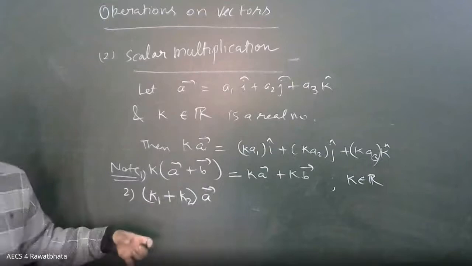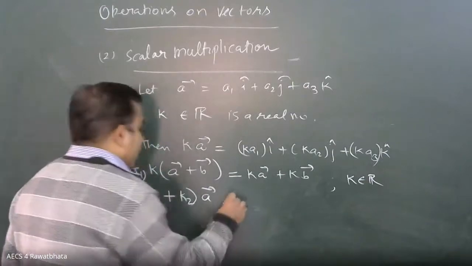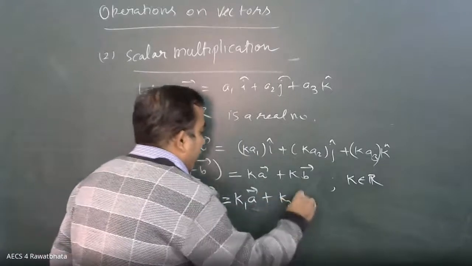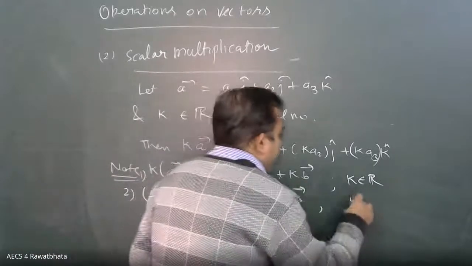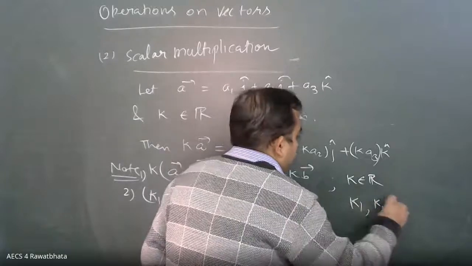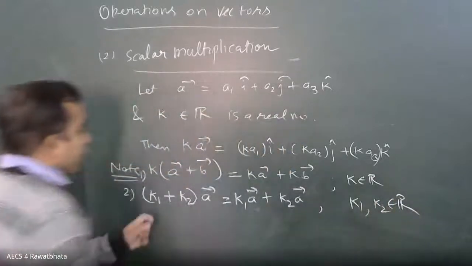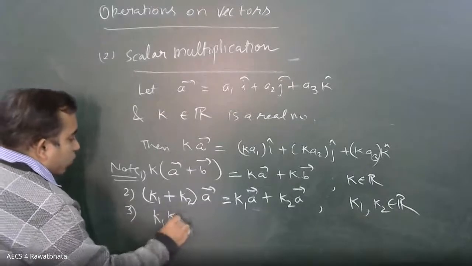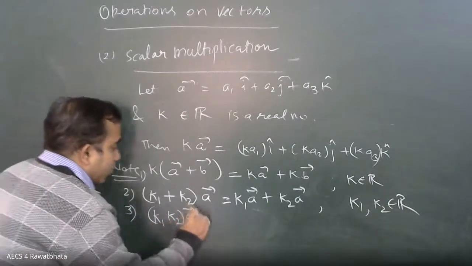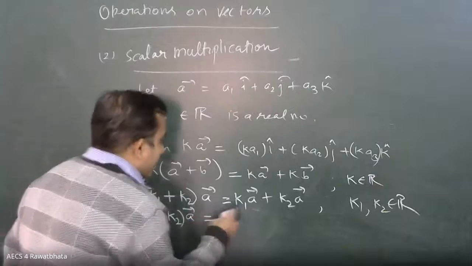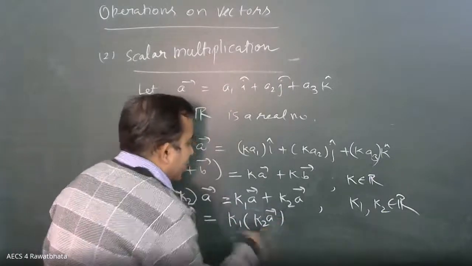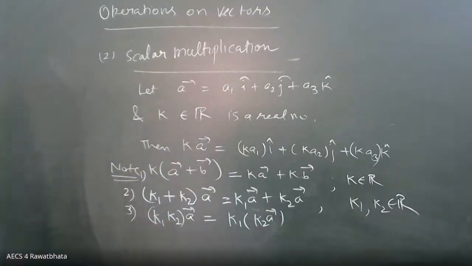यहाँ पे भी डिस्ट्रीब्यूशन लॉ काम करता है कि दिस विल बी k1 a वेक्टर प्लस k2 a वेक्टर, वेयर k1 एंड k2 आर रियल नंबर्स. और यही बात मल्टीप्लिकेशन में भी ट्रू रहती है कि सपोज k1 k2 together you multiply and then multiply with a vector, this will be same as first k2 you multiply with a vector and the resultant you multiply with k1.